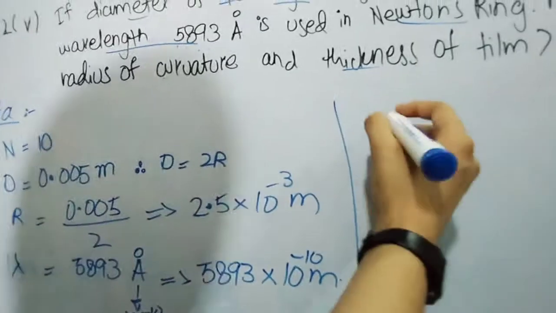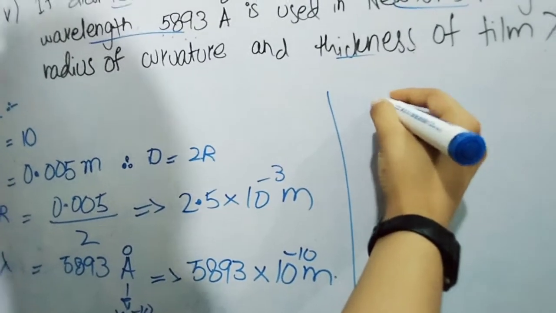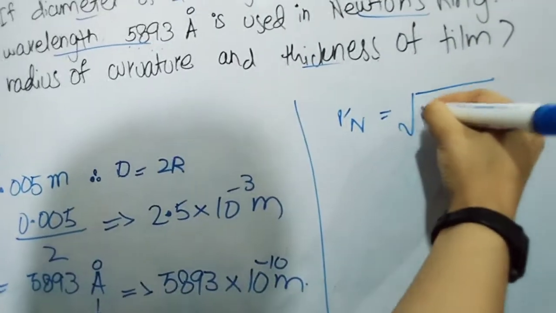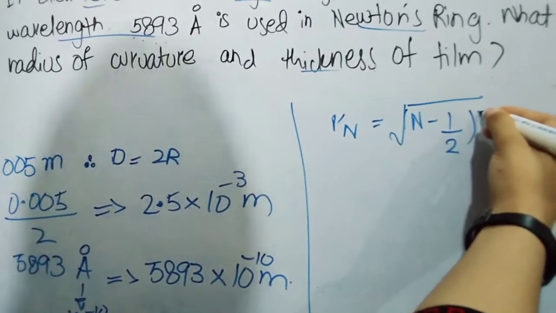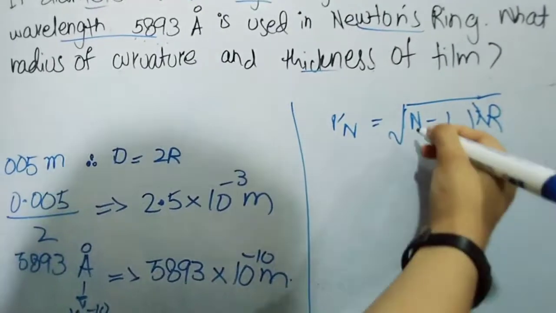For the radius of curvature, we have the formula r squared n is equal to (N minus half) lambda R. Why do I use N minus half lambda?